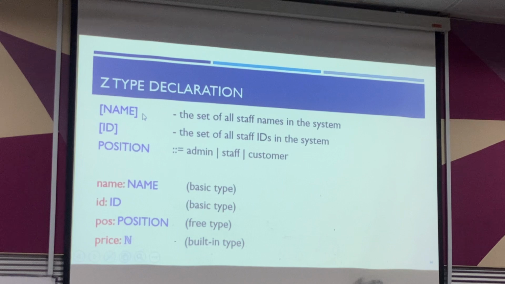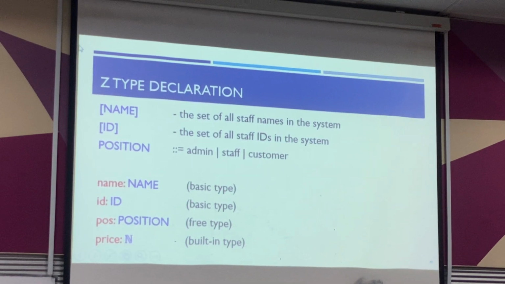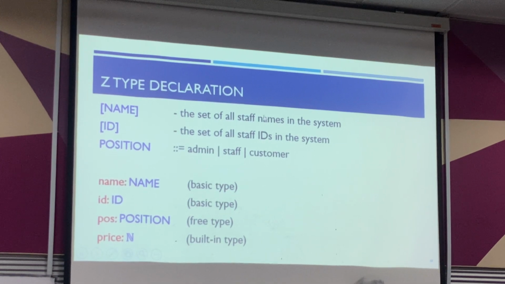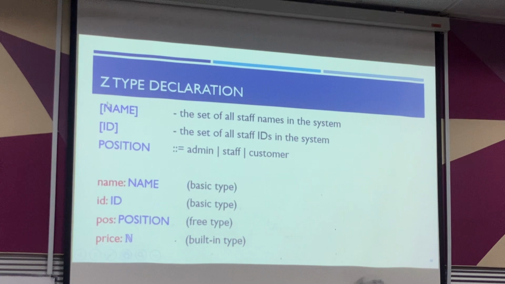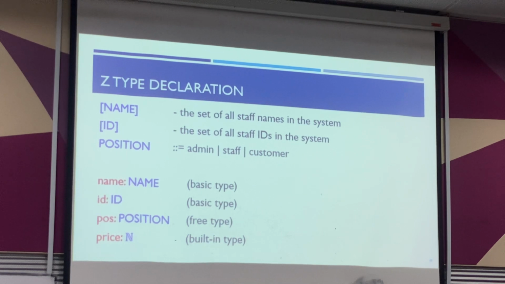This is a basic type. So for your assignment, rather than putting commas and so on, my suggestion is for you to declare your type like this, where you put a declaration of the type there. For example, for name, I will put the set of all staff names in the system. Then you know what you want to do inside that.